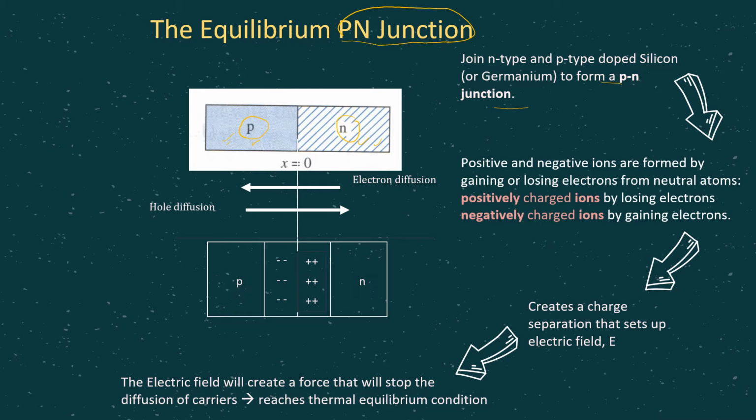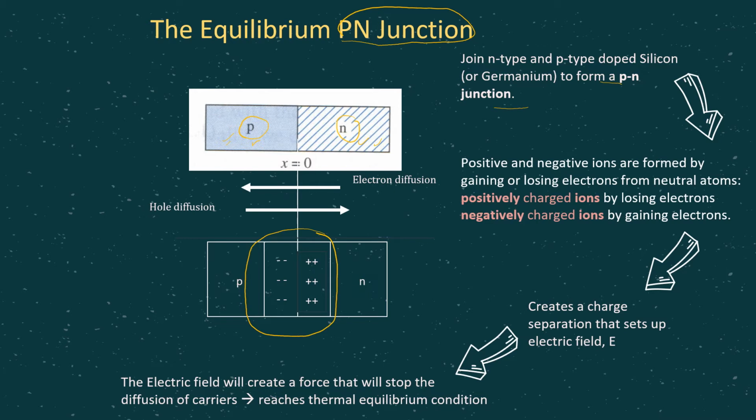Remember I was saying just now, the carriers are moving in the structure but not the ions. So at the junction, since electrons and holes combine with each other and become neutral, the only ions that remain at the junction are the positive ions as well as the negative ions. Positive ions come from the N-type side, negative ions from the P-type side.